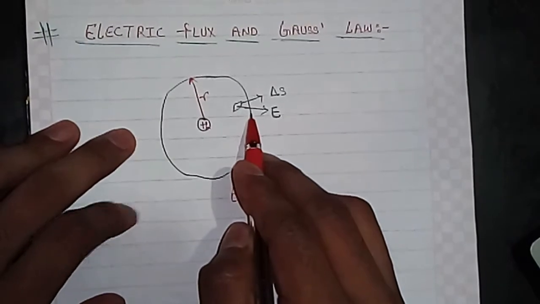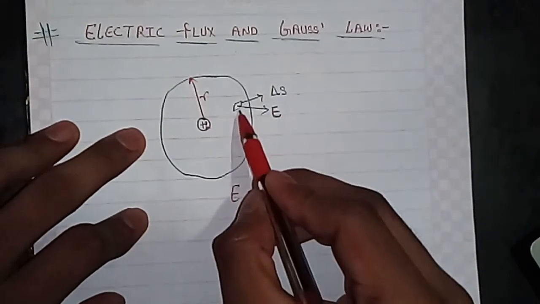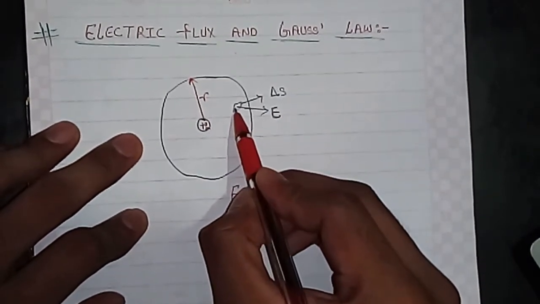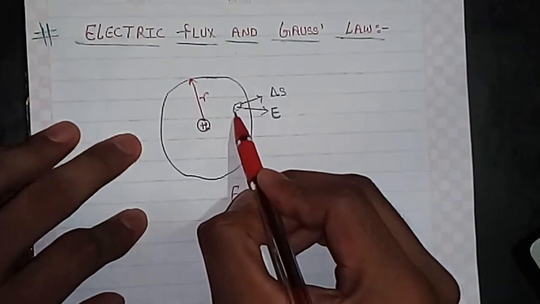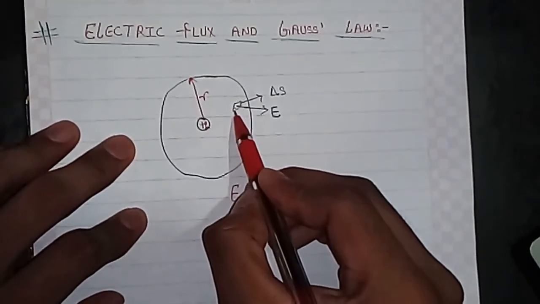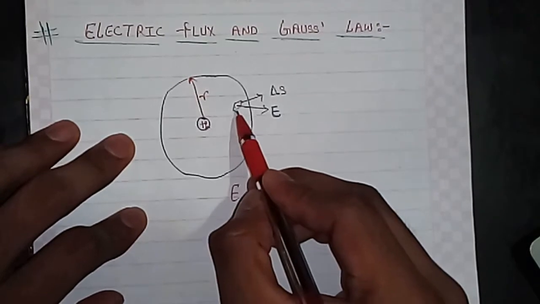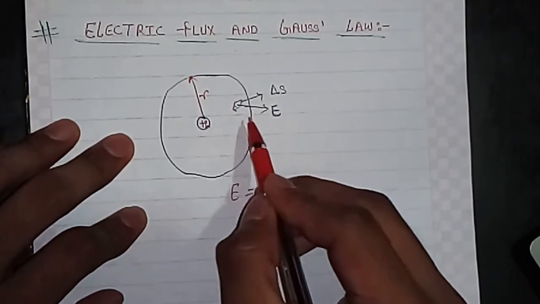Let us consider a small element of area, del S, on the spherical surface. del S is a vector whose magnitude is equal to the element of area, and its direction is perpendicular to the element.